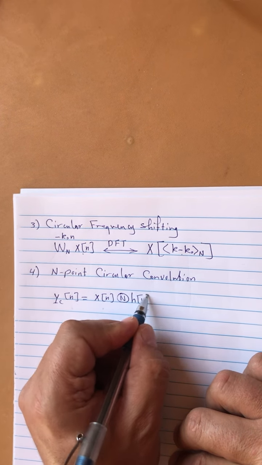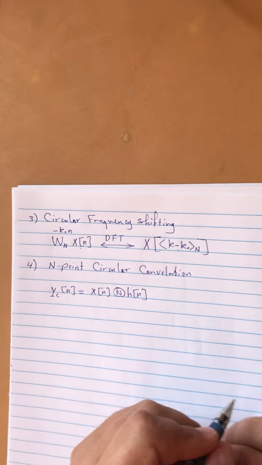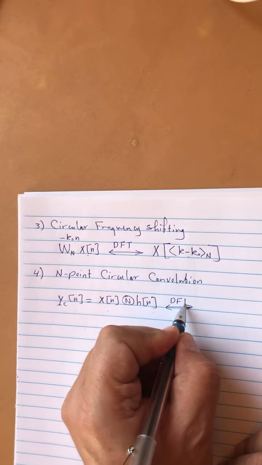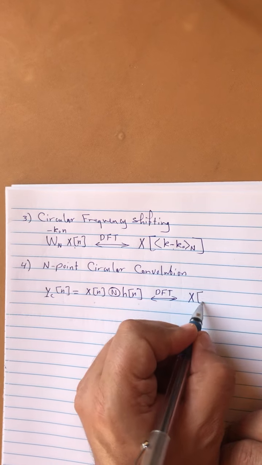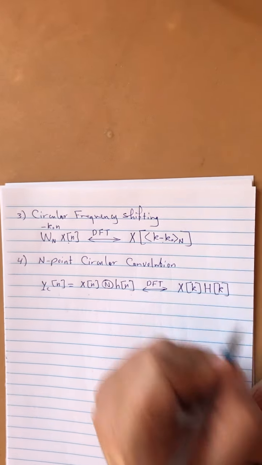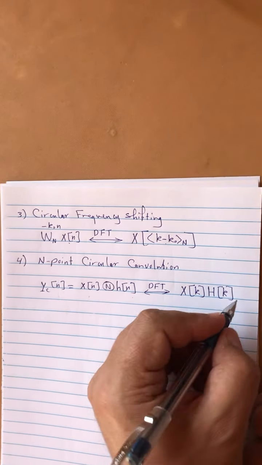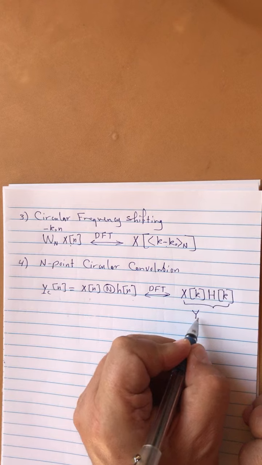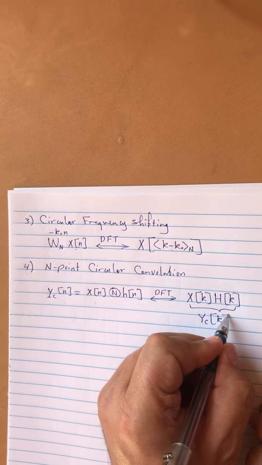So you have a circular convolution of length N points. This has the DFT of X of k times H of k, which is equal to Y_c of k.